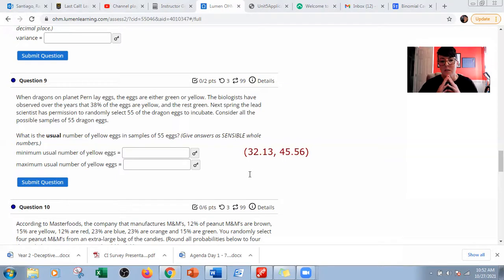The smallest would be 33. Yes, 33 is correct. And what's the largest? 45. Yes, that would be your answer. So you want to make sure that the values you choose are within the range. And I think if you do that again, it's going to be much better. Okay, I'll try. Thank you.